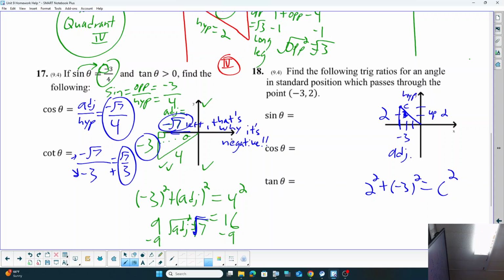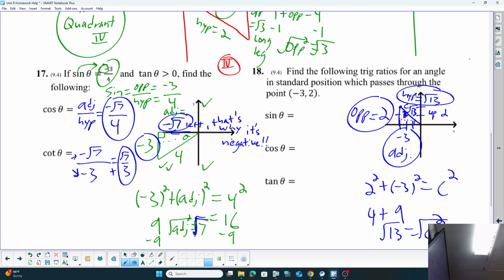That's 4 plus 9, which is 13. And so the hypotenuse is the square root of 13. Now the opposite side is 2, and the adjacent side is negative 3.